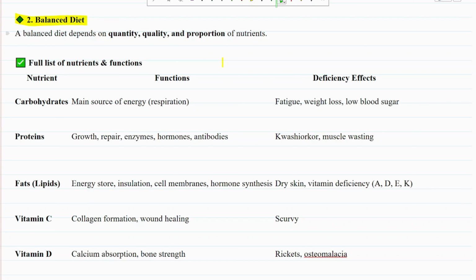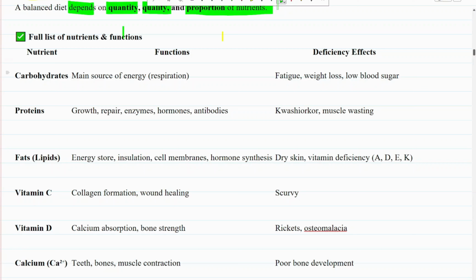A balanced diet depends on quantity, quality, and proportion of nutrients. So it could be different for different people, different genders, different age groups, because the body of a youngster needs different food contents than that of an adult. So that's why a balanced diet could be different for everyone.